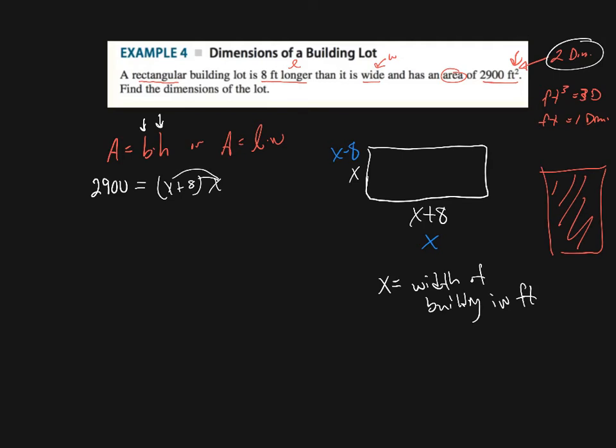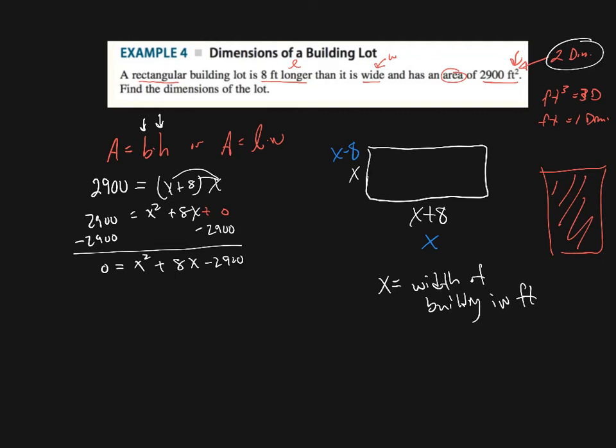Let's distribute the x. We're going to get 2,900 equals x squared plus 8x. And then I'm going to subtract the 2,900. Notice I put it underneath the plus 0 out here. Those are like terms. And I'm going to set this quadratic equal to 0. Why? Because that's how I solve quadratics.